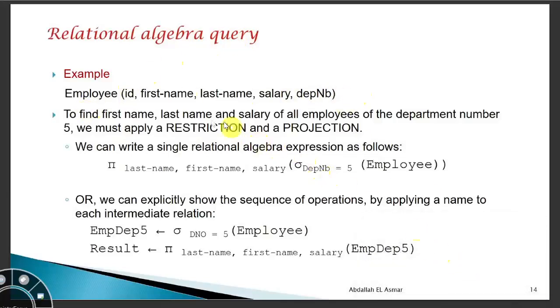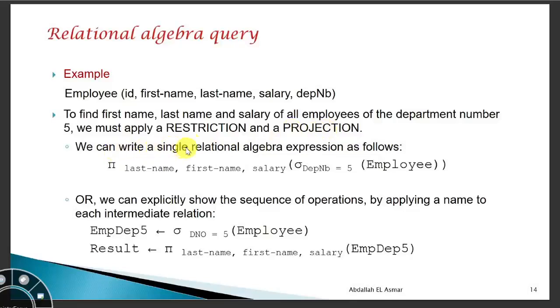Imagine that here we want employee ID, first name, last name, salary, department number. To find the first name, last name, and salary of all employees of department number 5, we must apply a restriction and a projection, always the case. We use selection or restriction and then the projection.